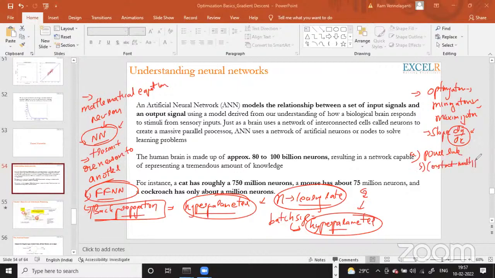And also remember the chain rule of derivatives: dy by dx can be written as dy by dz into dz by dx. This is the important chain rule we are going to see in the updation of our weights when we are working on backward propagation.